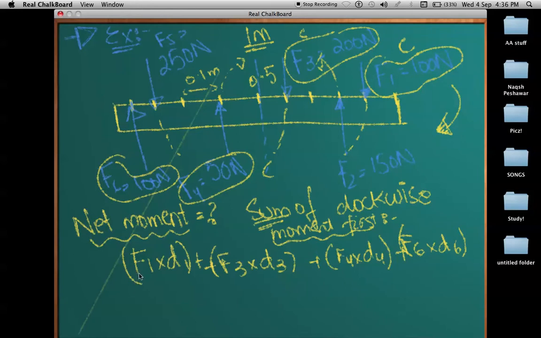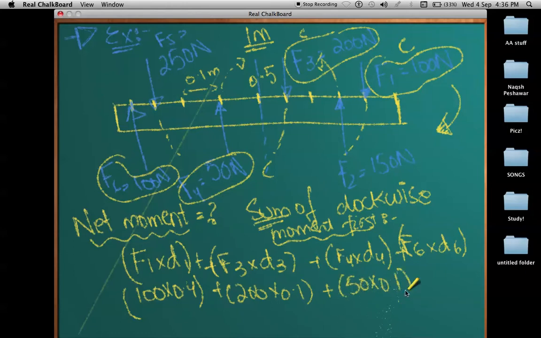This would give me F1, 100, times the distance from the pivot: 0.1, 0.2, 0.3, and 0.4. 100 times 0.4, plus F3, 200 times 0.1, plus F4, 50 times 0.1, plus F6, 100 times 0.1, 0.2, 0.3, 0.4. 100 times 0.4.